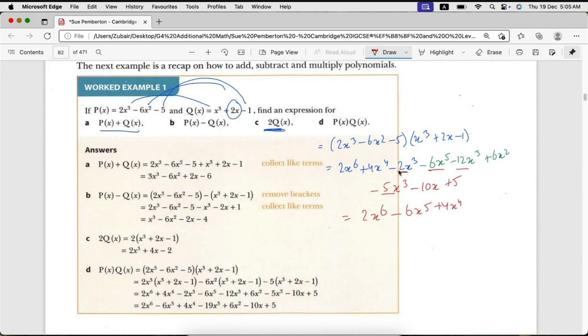So 12 and 2 is 14, and 5, 19. 19x cubed. Then we look at x squared. There's only one single term. And in x again, minus 10x, and the last constant. Now this would have a degree of 6, the highest power of x.